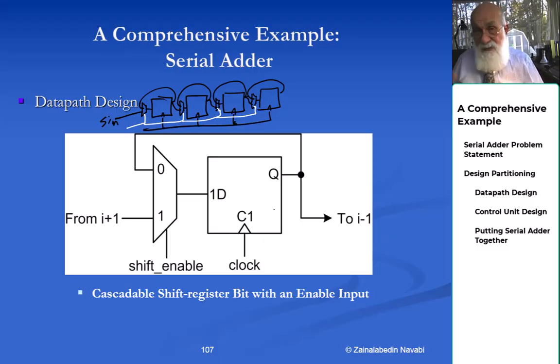That means it's acting as an enable, and this is bit number 0, bit number 1, 2, 3, and if it's 1, it will be bringing data from the flip-flop to the left, or for flip-flop number 3, it's bringing data from serial in. So that's the shift register design.